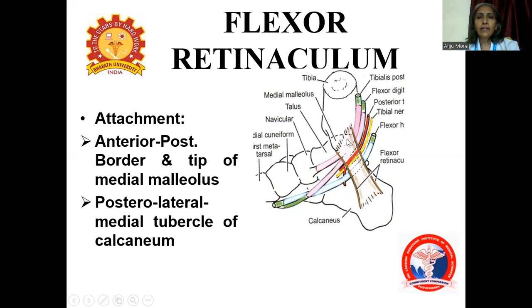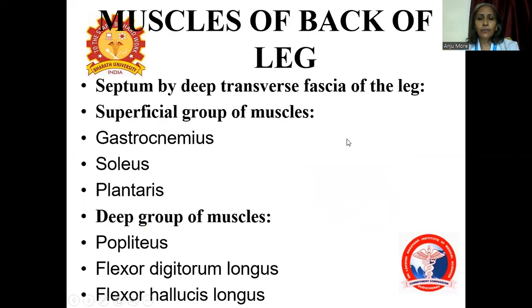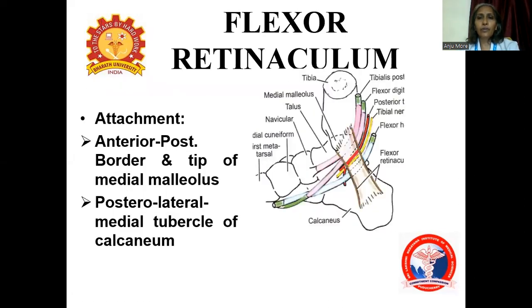So this band is forming the flexor retinaculum, and the flexor retinaculum is holding the long tendons. So these long tendons are the tendon of tibialis posterior, flexor digitorum longus. Then there is an artery, that is the posterior tibial artery. The nerve is tibial nerve.